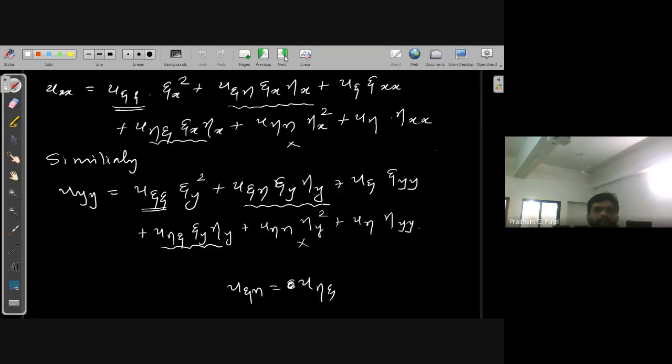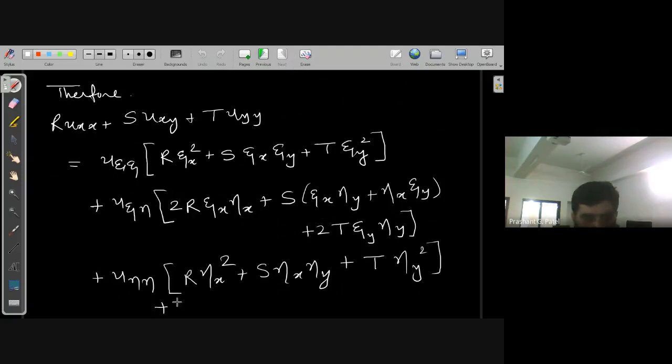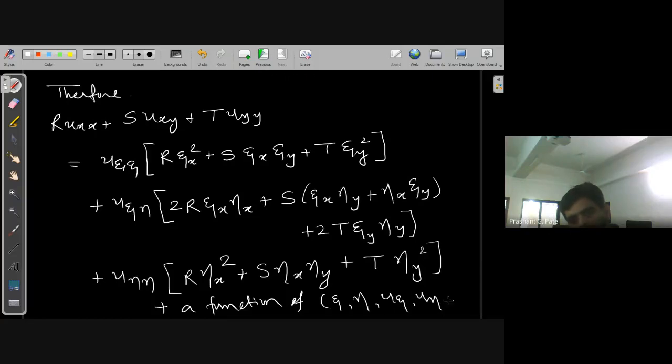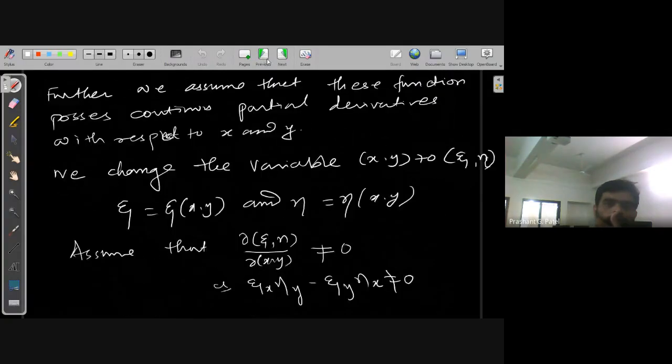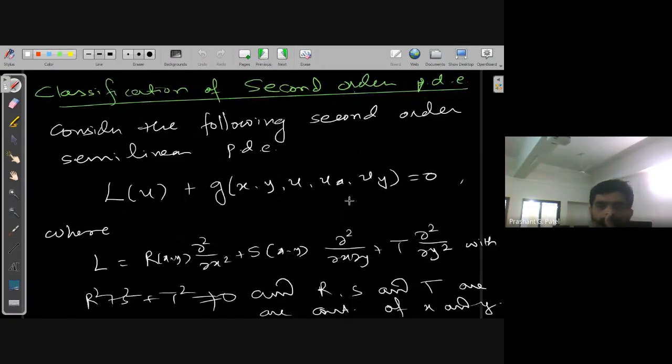All this quantity, I can say it is some function of xi, eta, u_xi, u_eta, and u. So it will be some function of these quantities. So the original equation, I can say, is equation number 1.